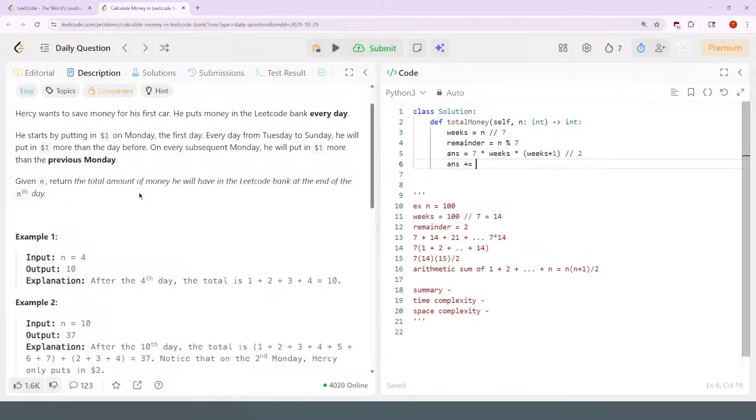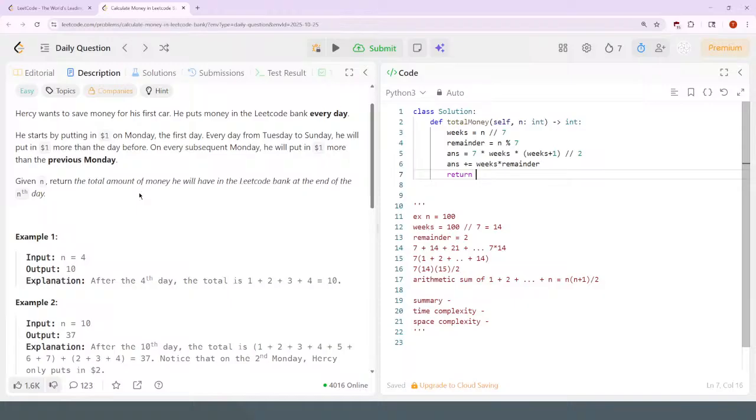And answer plus equals... no, the week number is how much each day is going to be worth in that week. So if it's week 14, then each day of that week is $14. So it's weeks times the remainder, and then return the answer.